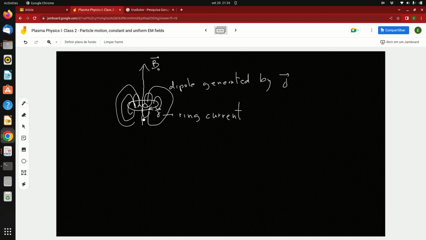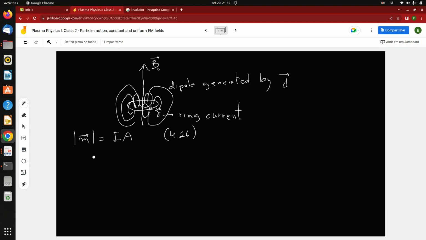So a magnetic moment is produced, and the absolute value of this magnetic moment is I times A. A is the area of the circular region surrounded by the wire, equation 4.26.